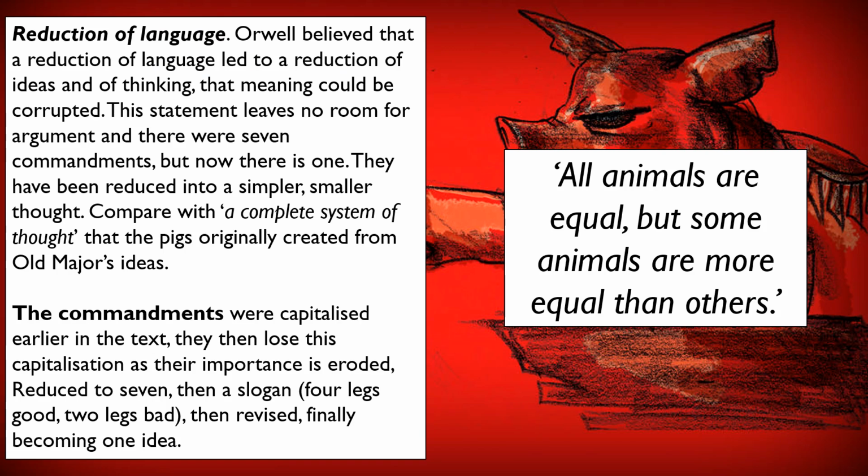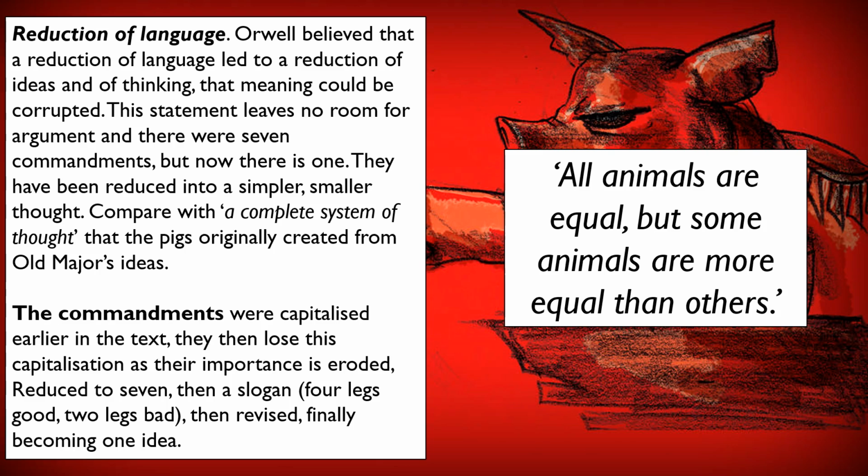A bit of context that's useful for this quote is the idea of the reduction of language. Now, I know that what this looks like is originally it was "all animals are equal" and then some words have been added, but actually all of the other commandments have been removed for just this.